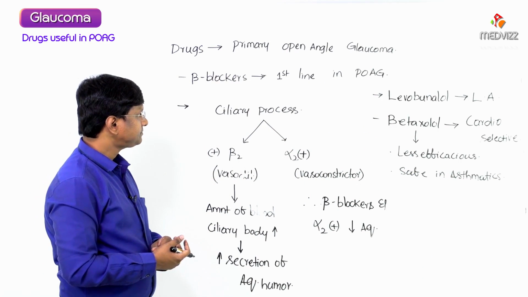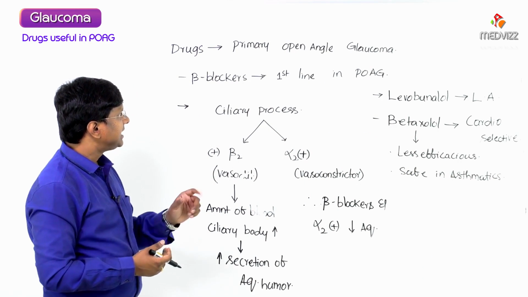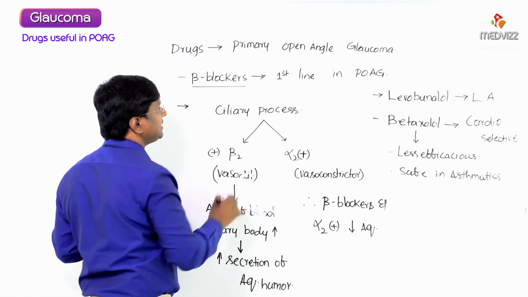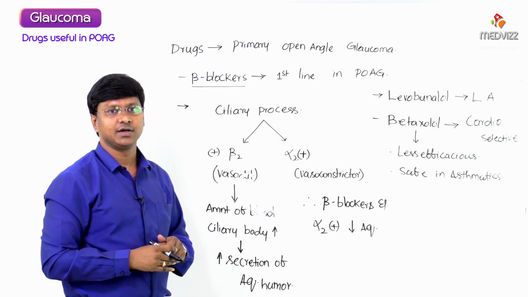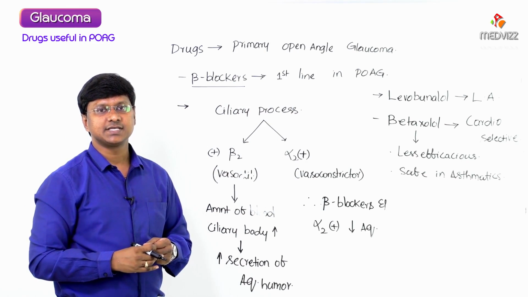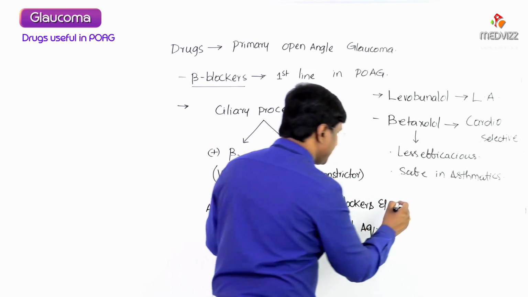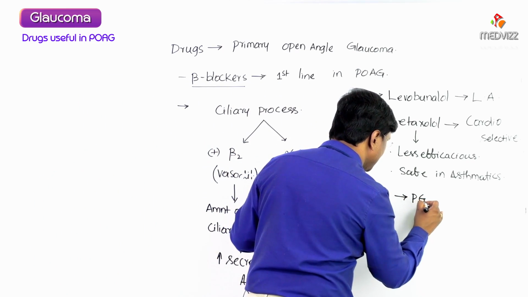Next, the other group of drugs. One is your beta blockers, which are the first line drugs in primary open angle glaucoma. The other group of drugs are the prostaglandin analogs.